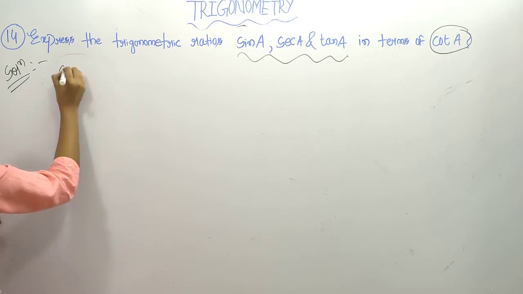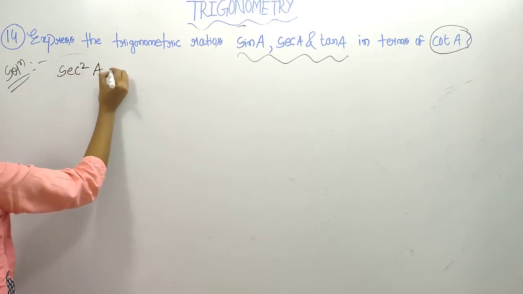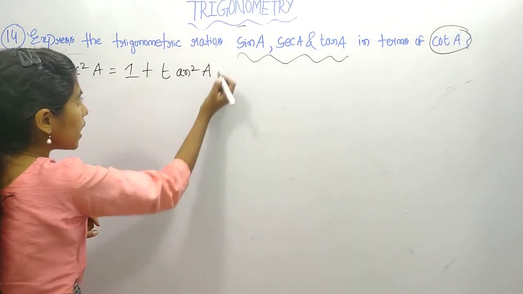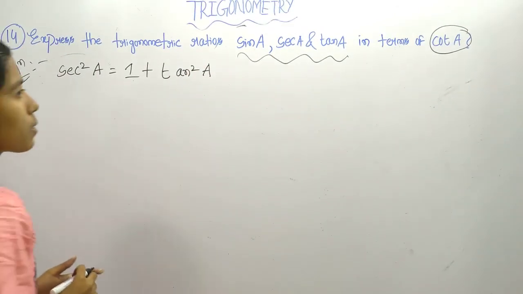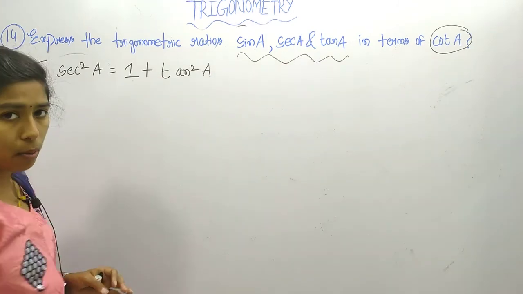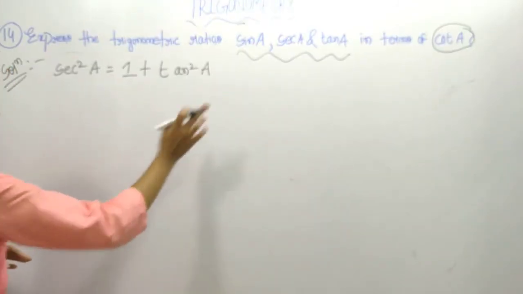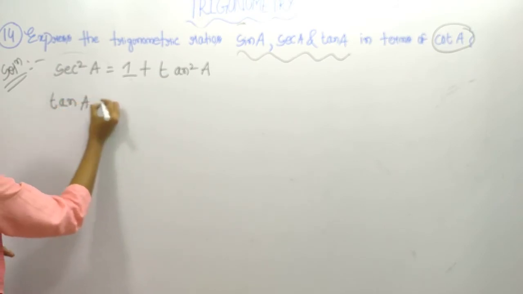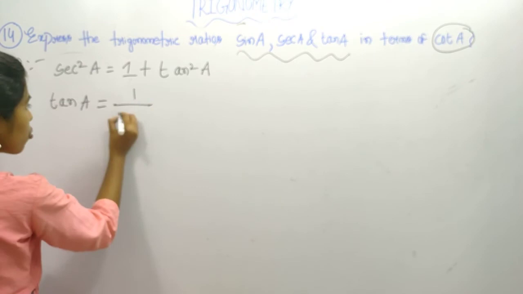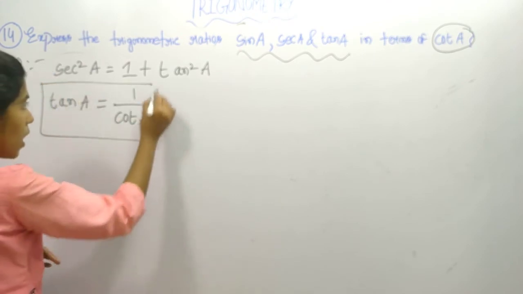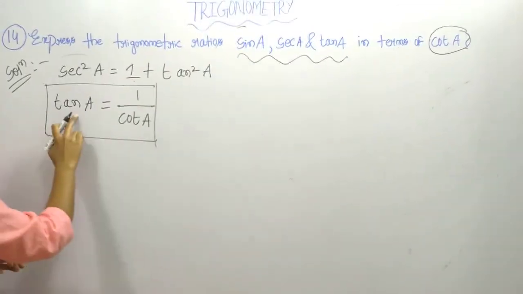The formula is sec square A equals 1 plus tan square A. We have already learnt this in the previous class. So now we have to express these two in terms of cot A. So first you see, tan A is the reciprocal of cot A, that means tan A equals 1 by cot A. So we have expressed tan A in terms of cot A.